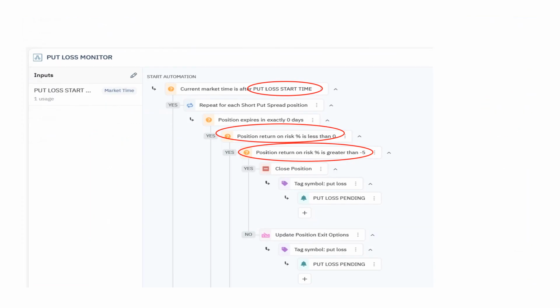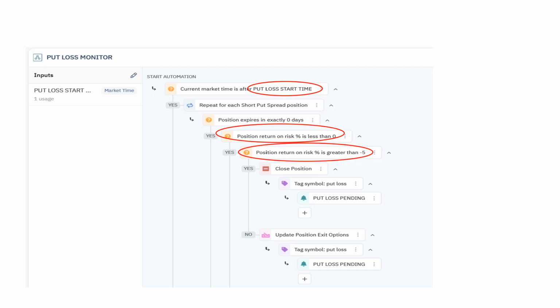The first entry in the monitor section is the put loss monitor. In it, you can configure when the monitor starts running. The default is 3 p.m. It then checks to see if the return on risk percentage is less than 0. That tells us that we're in loss territory. It then checks to see if the return on risk percentage is not only less than 0, but it's more than -5, meaning -4 or -3 or higher.